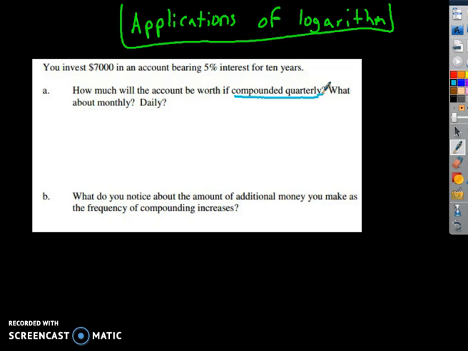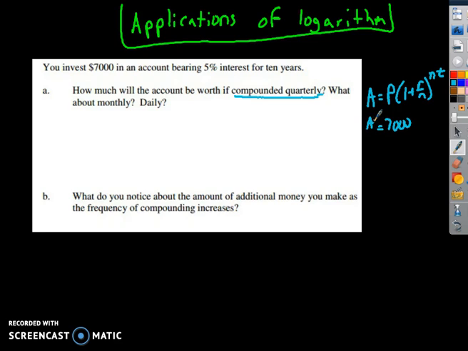The formula says A equals the initial amount times 1 plus r over n raised to the nt. So if that's the case, my initial amount was $7,000. I don't know my final amount.